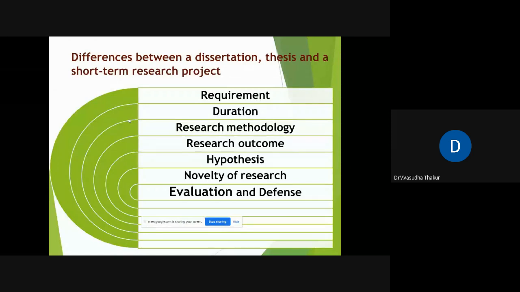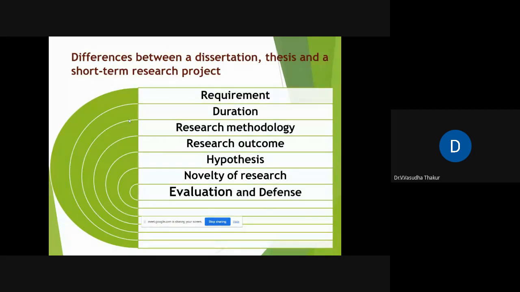Now I think by now you know what a dissertation and a thesis are, and as I referred, they are slightly the same and almost used as synonyms. Here there are a few points at which a very thin line of difference appears between dissertation, thesis, and a short term research project.